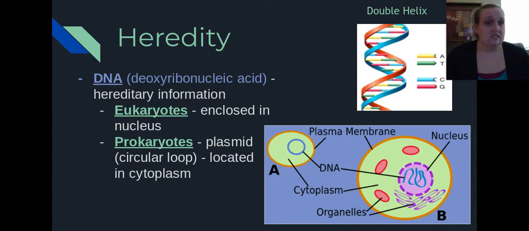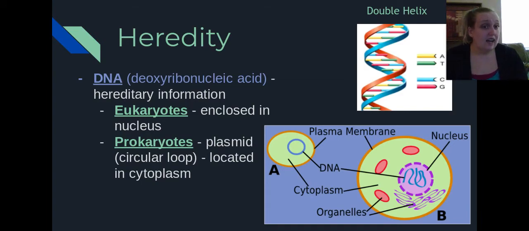Now, DNA is in different locations depending on the organism that we're dealing with. So again, back to cell structure and function, we have eukaryotes and prokaryotes. In eukaryotes, DNA is enclosed in a nucleus, and the nucleus is found in the center of the cell. In prokaryotes, DNA is located in a plasmid, which is a circular loop, which is found in the cytoplasm.